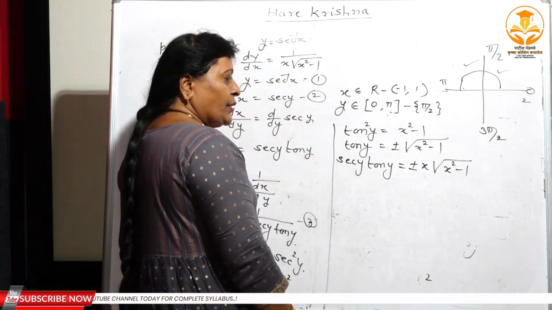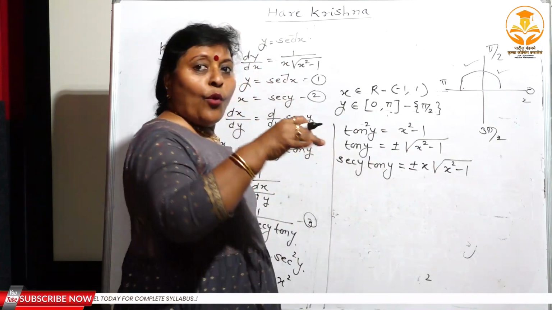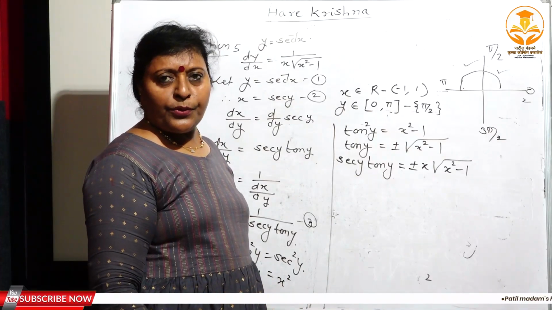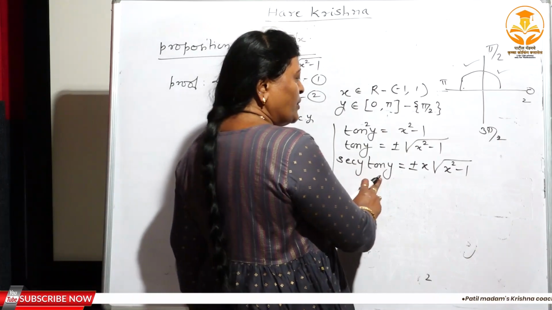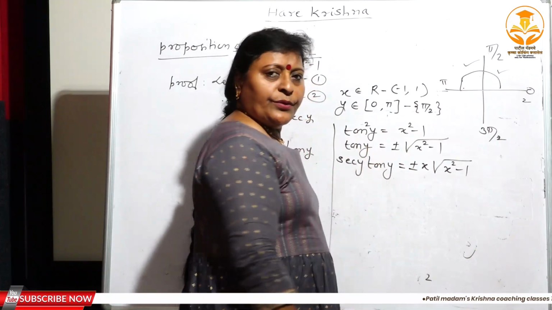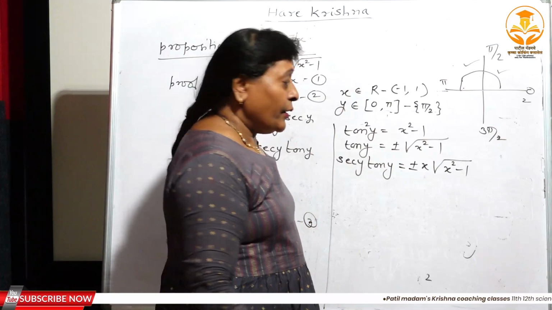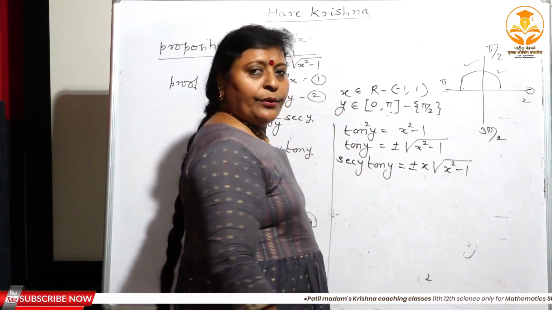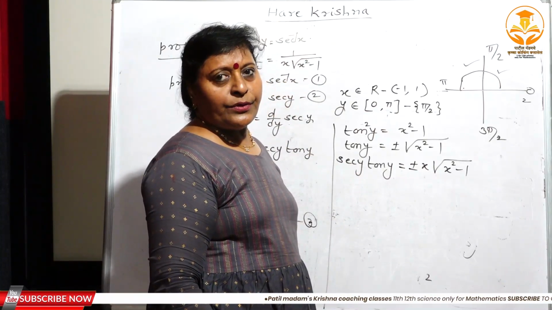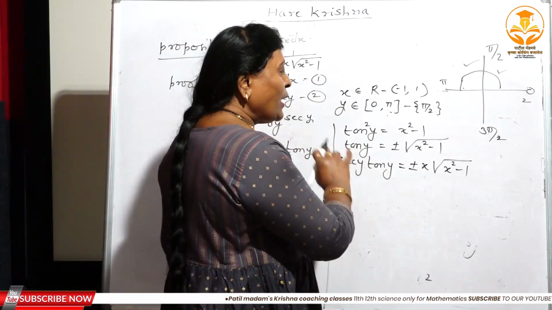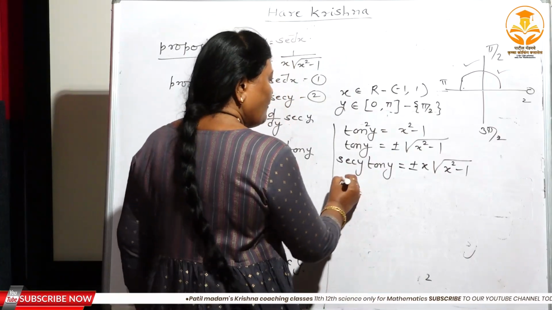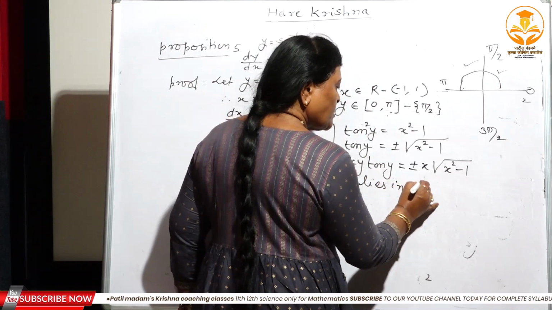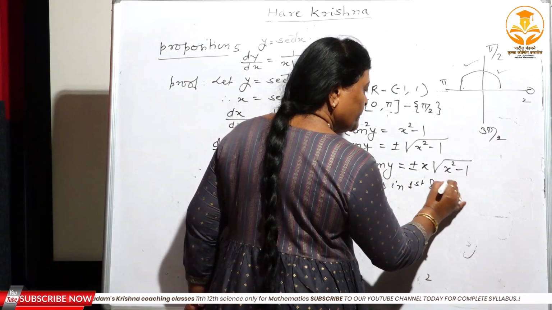Now, if you observe this, sec y and tan y are both positive in the first quadrant. Therefore, their multiplication is also positive. Isn't it? This is positive, this is positive. Positive, positive, positive. And in the second quadrant, sec y and tan y are both negative. This is negative, this is negative. Again, negative, negative, that is positive. Right? Therefore, you have to take the positive value, since y lies in the first and second quadrant.